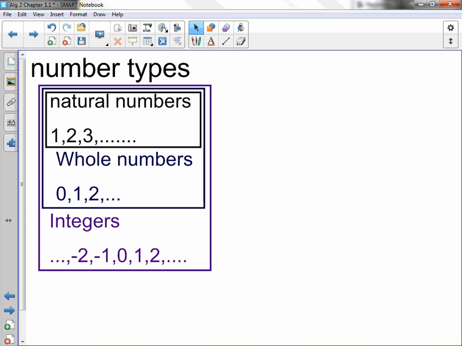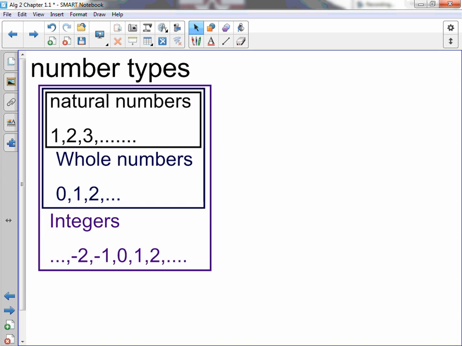And the integers are a superset of whole numbers, and whole numbers are a superset of natural numbers. Yes? Is an integer also a natural number? Not always, right?